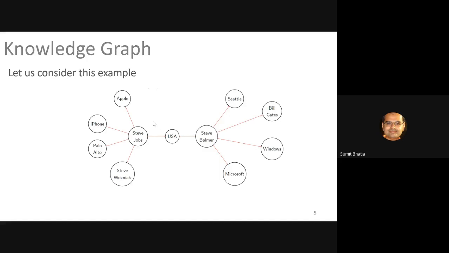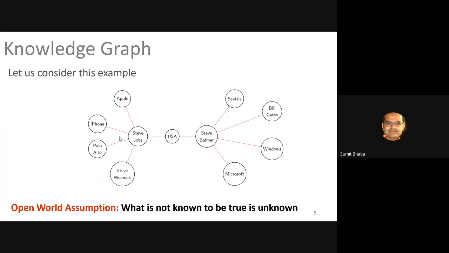When it comes to knowledge graphs, that is not simply the case. We just say that we don't know if there is a relationship between Steve Jobs and Steve Ballmer. And this is what is known as the open world assumption.